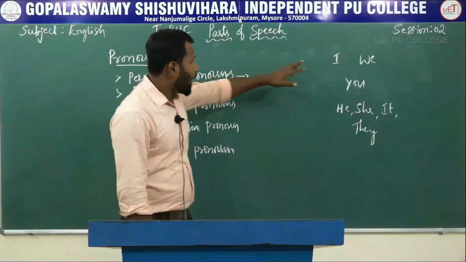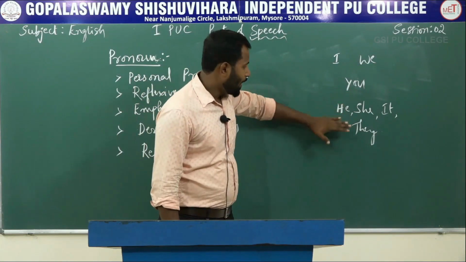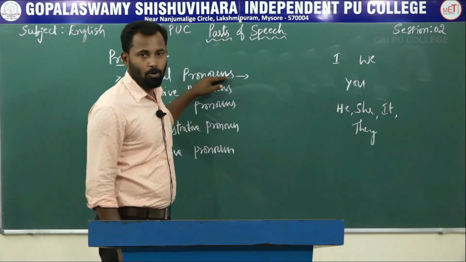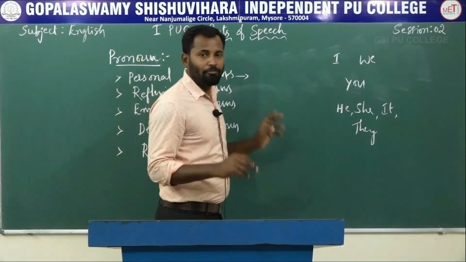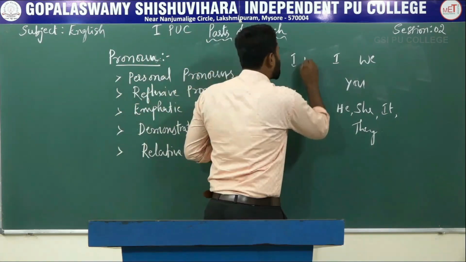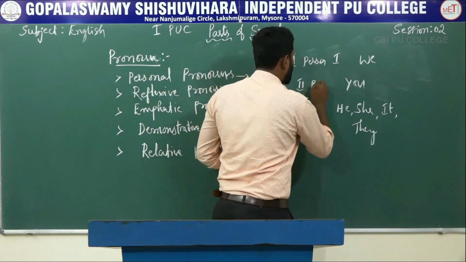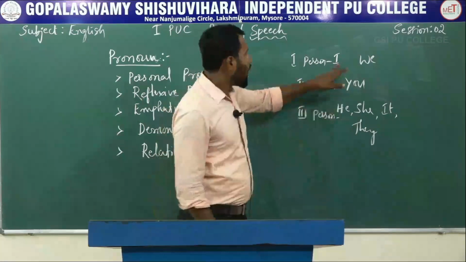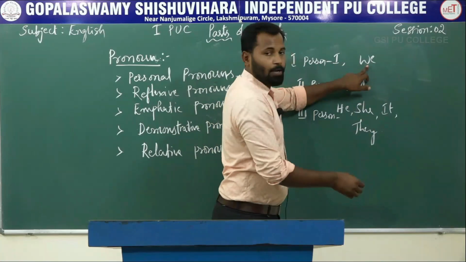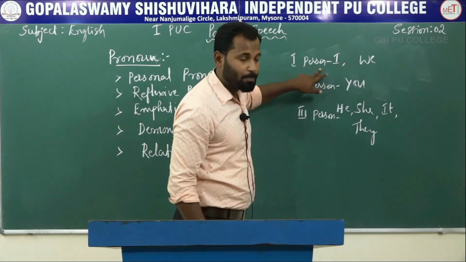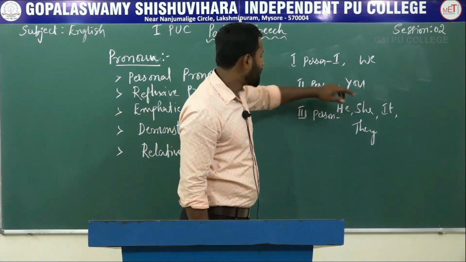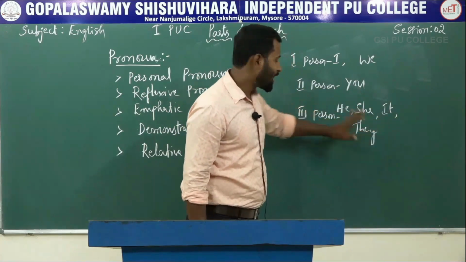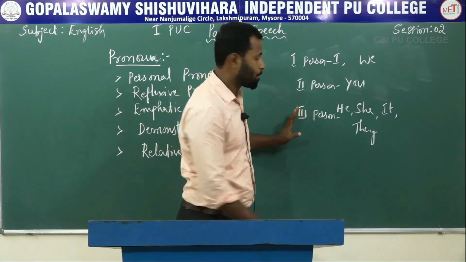They are called personal pronouns because they stand for three persons: first person, second person, and third person. So I and we come under the first person and you come under the second person. He, she, it, and they come under the third person.